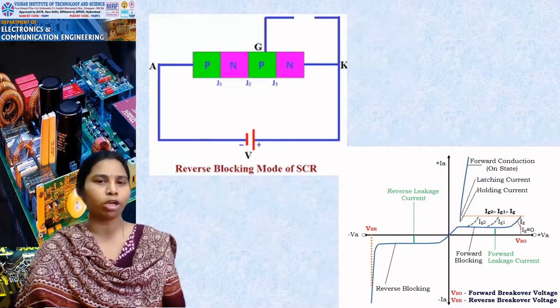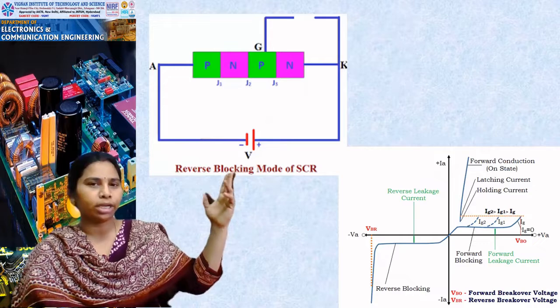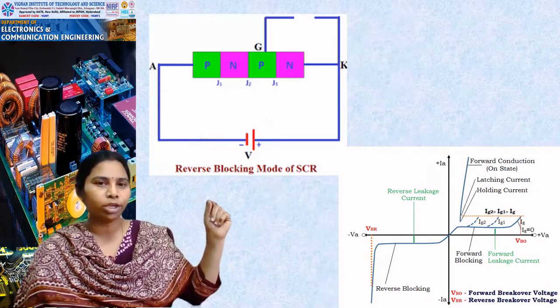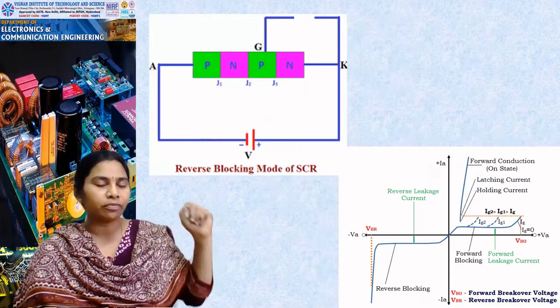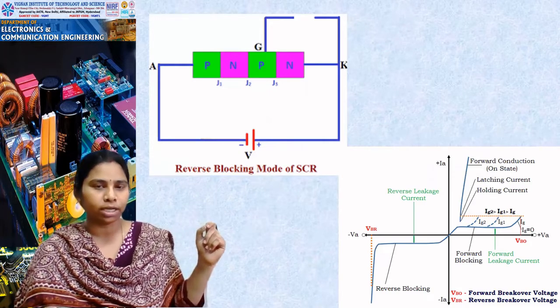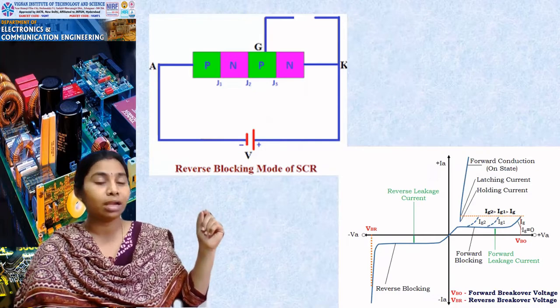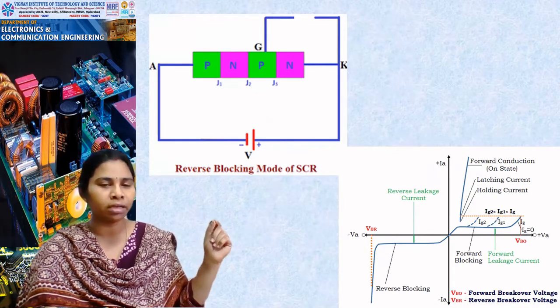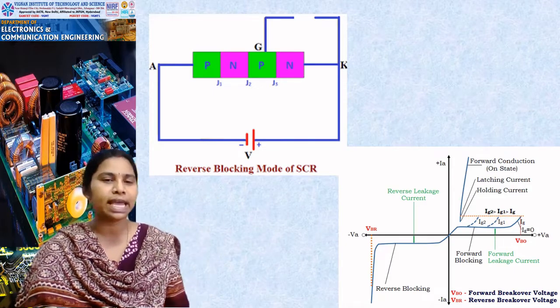When you say reverse blocking mode, as you apply a negative voltage to the anode terminal, what is happening? When you apply negative voltage to anode, that means the first P layer is applied a negative voltage. Negative to P means it is reverse biased. When it is reverse biased, at junction J1 you see a depletion layer.